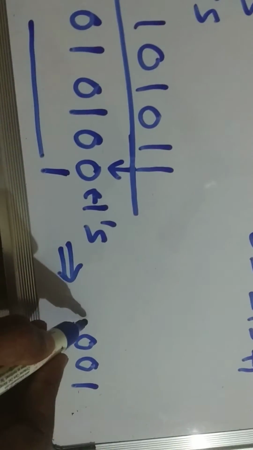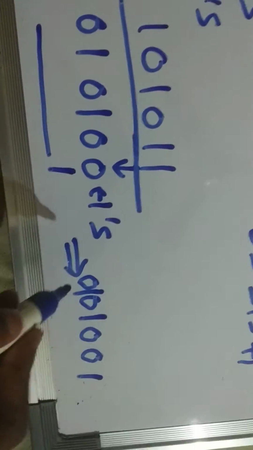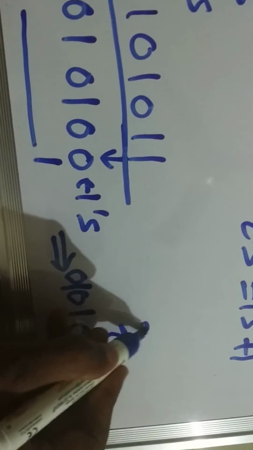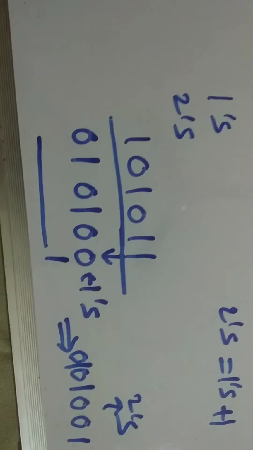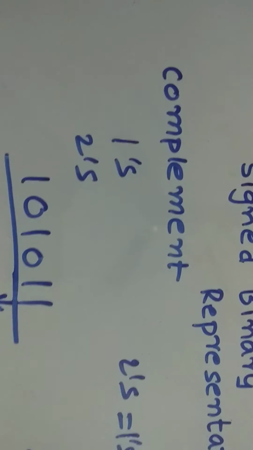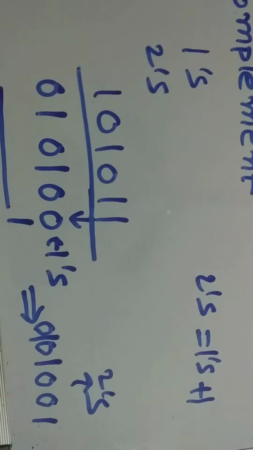So this is the 2's complement value. I hope you are getting 1's complement and 2's complement, which are crucial for signed binary representation.